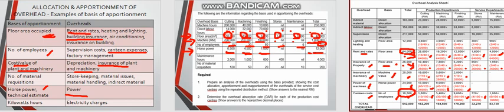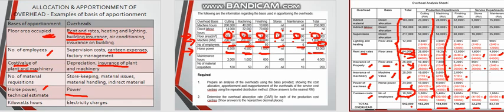After we finish this one, we have to total up the total overhead for each of the departments. How do we get the total of this one? We have to add up from here until the last one. This one you total up, and this one also total up until here.